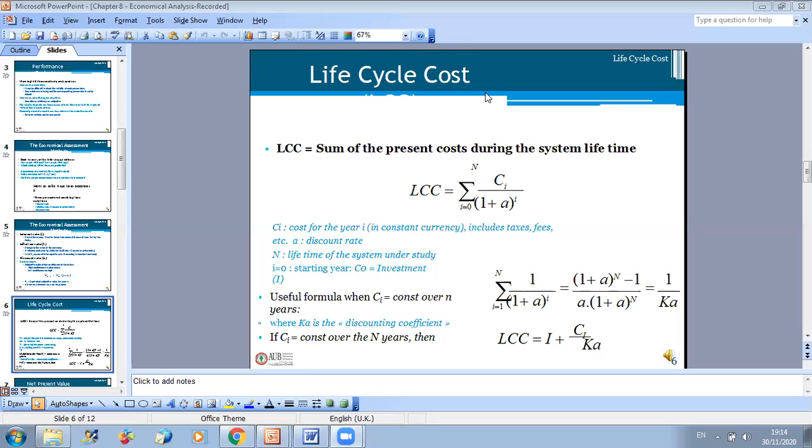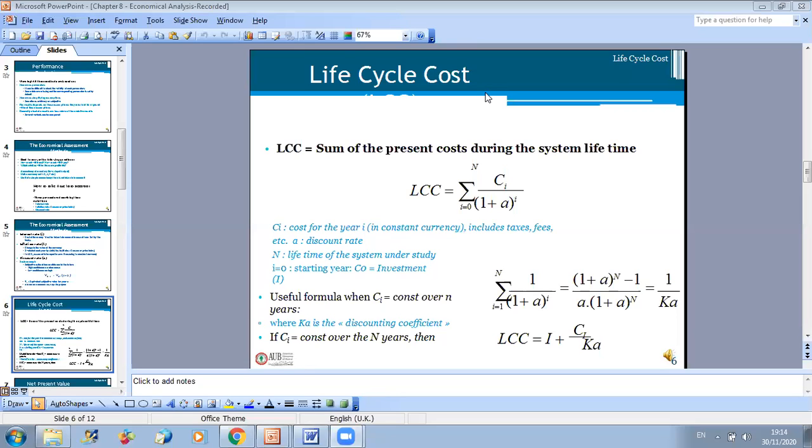So if I have $10 now, let's say I can buy one package of a certain object. After 10 years, I might be able to buy 2 packages. So this is why we say that the cost after a certain year will be reduced, because as we said, the value of the money is reduced with time.